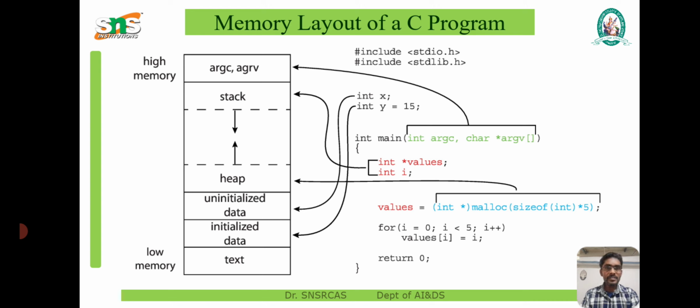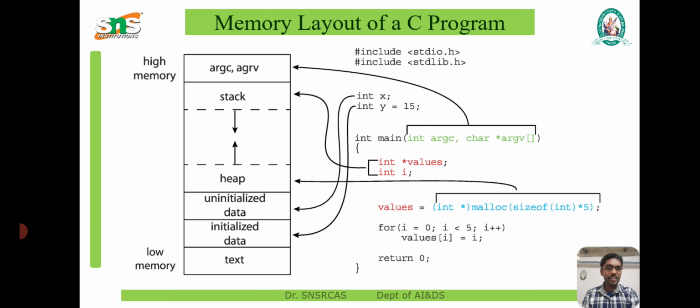There is a simple C program. In the C program, the simple text content is stored in the low memory text area, and the variables with initialized data are stored in a separate memory called initialized data, and uninitialized variables are stored in the uninitialized data area.